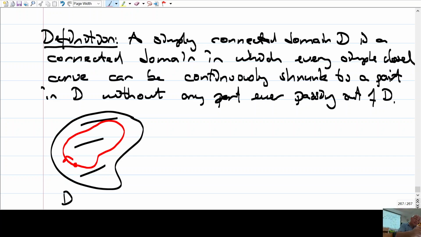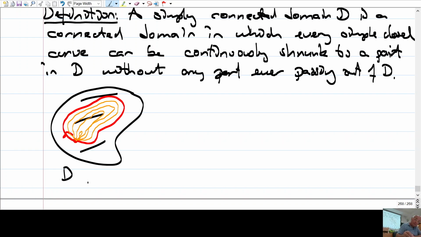Well, each time I just choose a parallel copy of this, with smaller curves like this. And continuously I can just shrink it to a point. So this is simply connected.